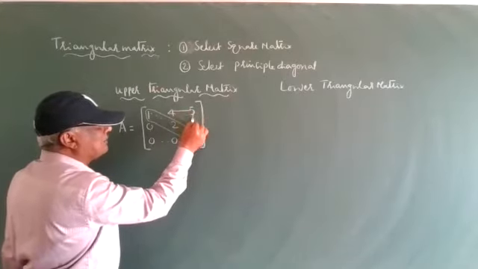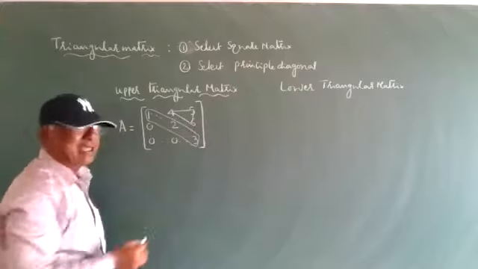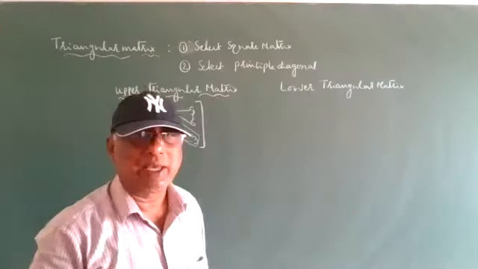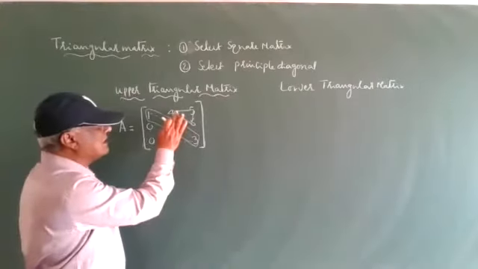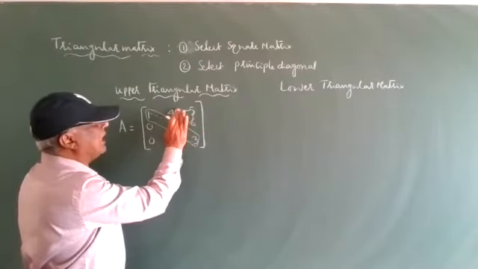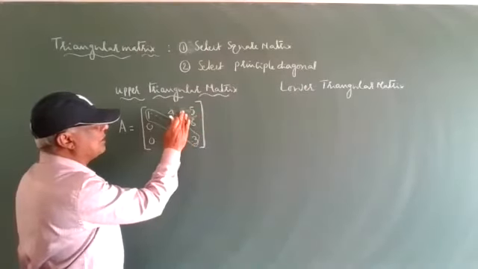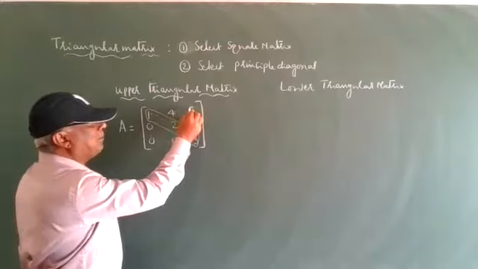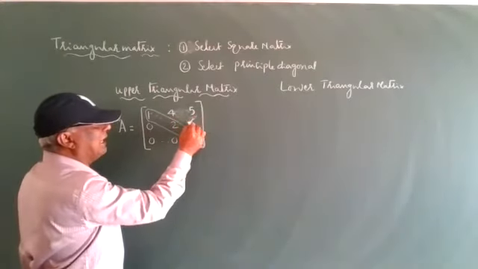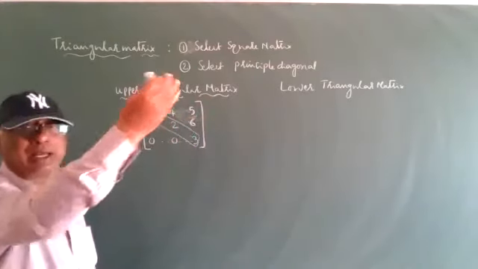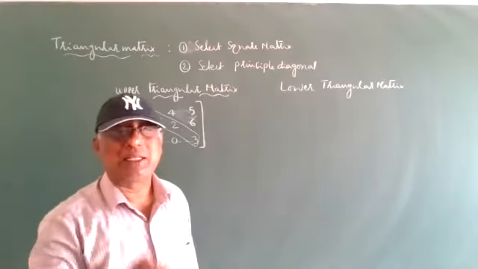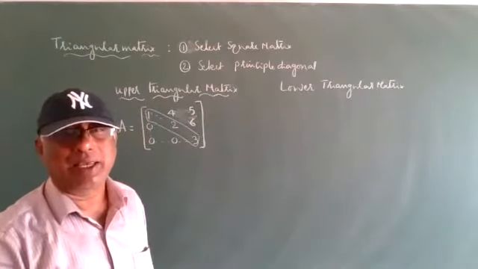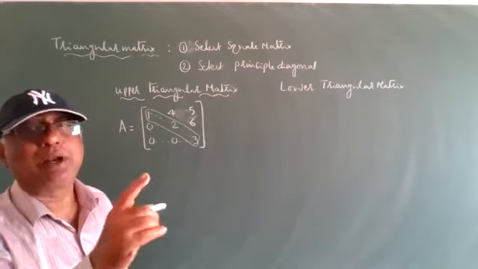Everyone observe, the upside also forms a triangle: 4, 5, 6. This is called the upper triangular matrix. The upper side of the principal diagonal elements forms a triangle; that is called upper triangular.